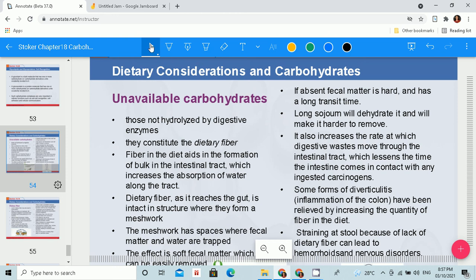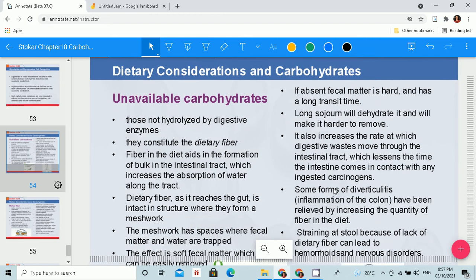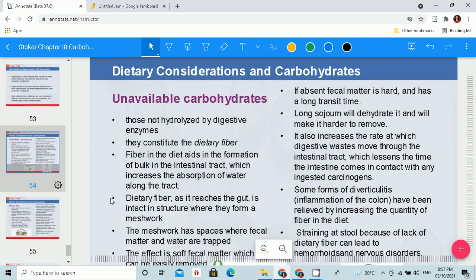Okay, so those carcinogenic substances, carcinogenic foods we've eaten, if we take more fibers in our diet, then those will be eliminated.